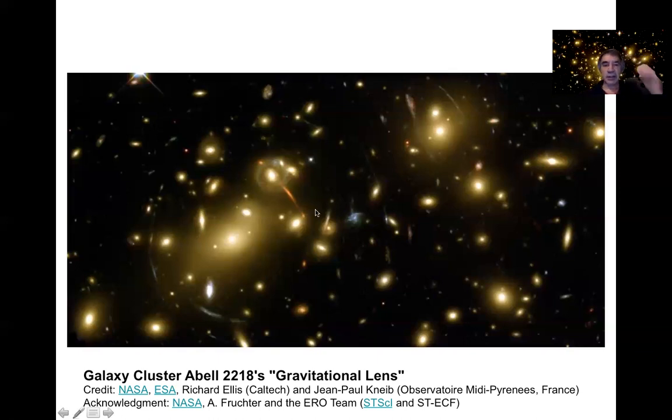The radius of curvature of these arcs tells you the mass in the cluster of galaxies. It gives you theta again, and you can use that to measure the mass of the cluster that's doing the lensing. So that's another way to tell us how much dark matter is in these clusters of galaxies.